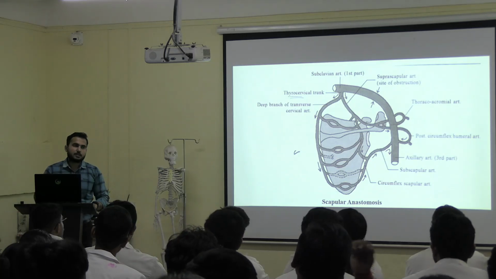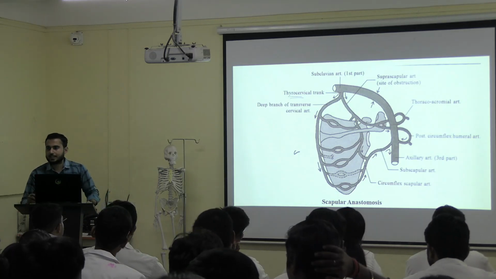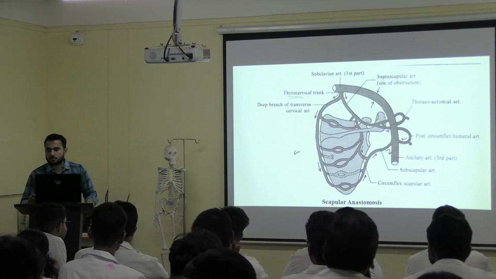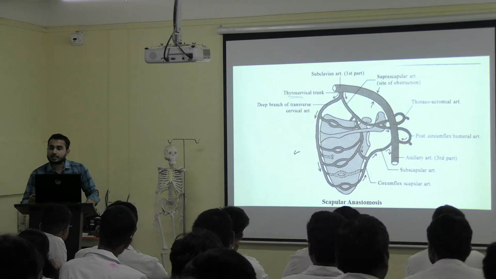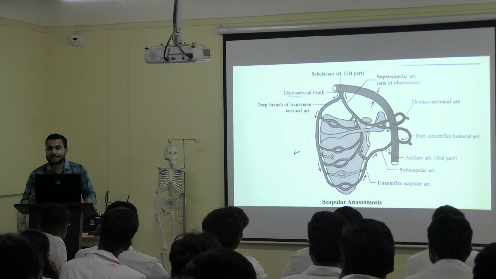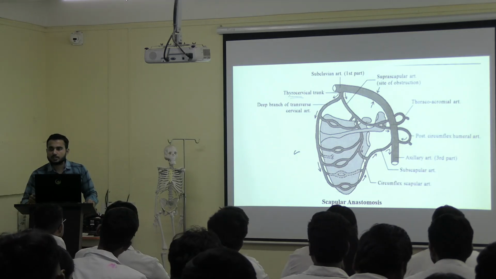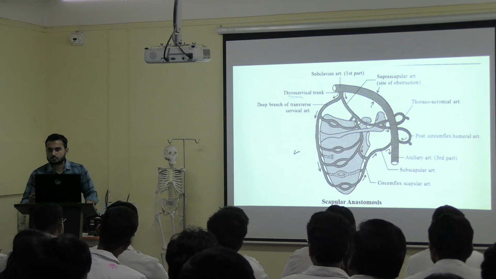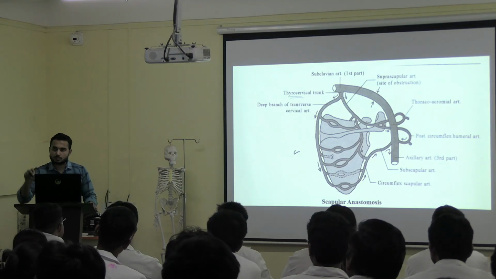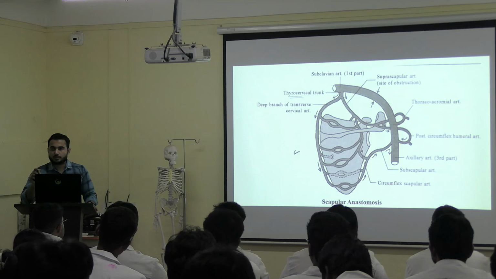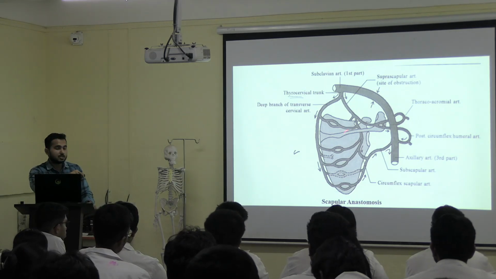Okay, but there are certain areas in our body where those collateral circulations are not there. In that case those arteries are called end arteries, END. END का मतलब क्या है? खत्म, हाँ. So end arteries are there in certain areas in our body where such kind of anastomosis is not present.